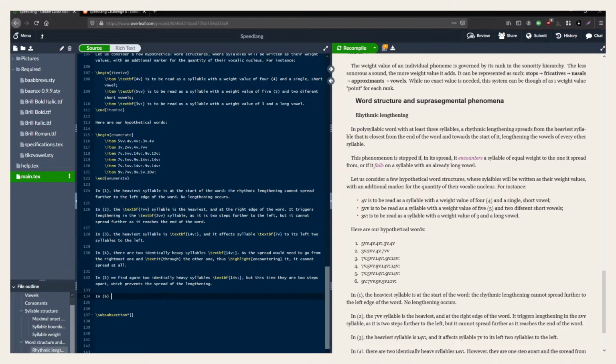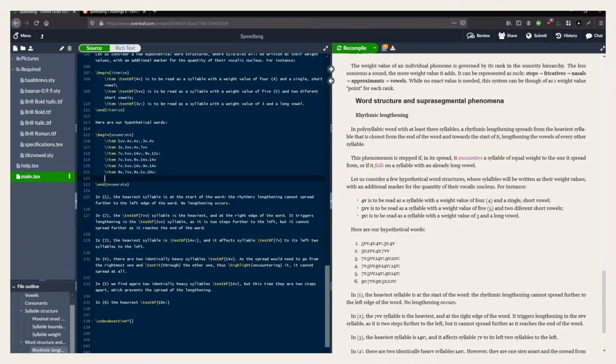Okay, so in 6, the heaviest are 10V long. Actually, I'm going to do this way and correct that. And add an example where everything is like this except we have a long one.